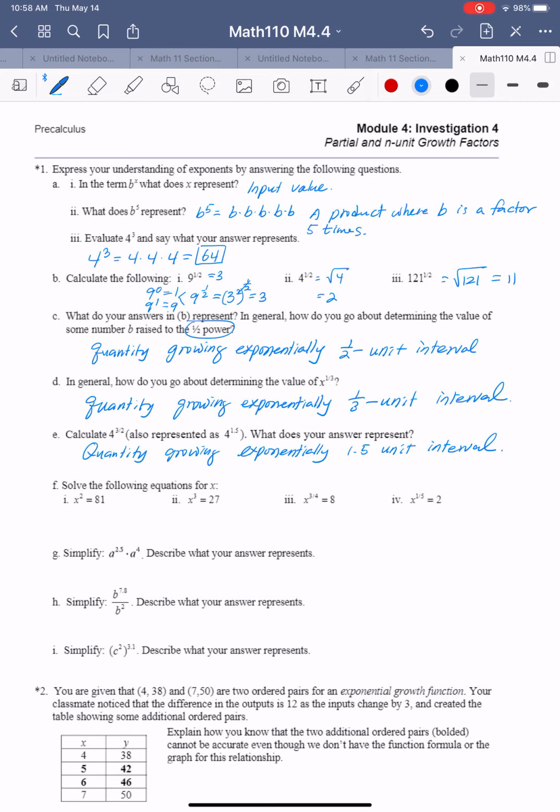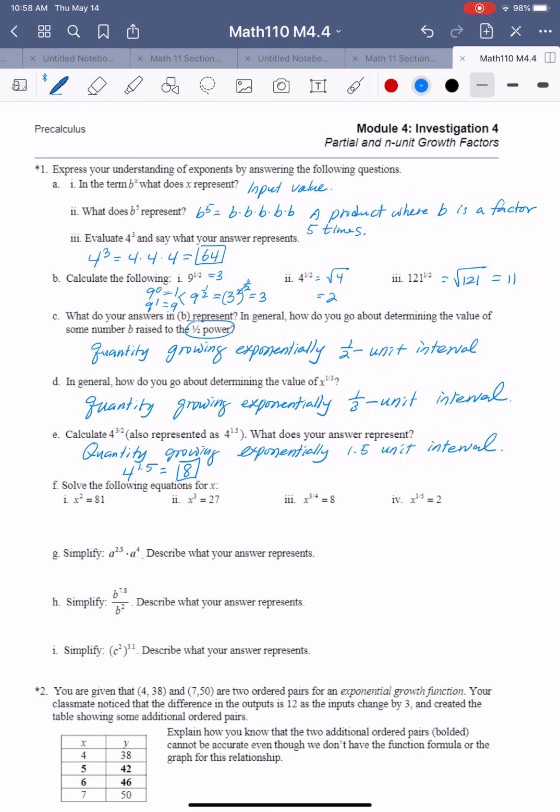So instead of 1, 2 and 3, it goes 1.5, then 3 and 4.5 like that. If you want to calculate that, 4 to the 1.5 power is 8.